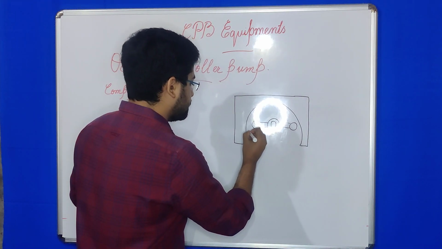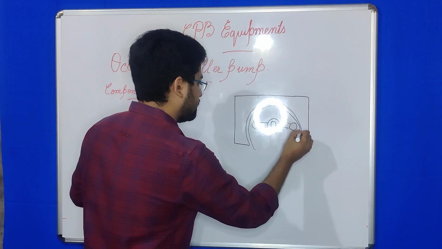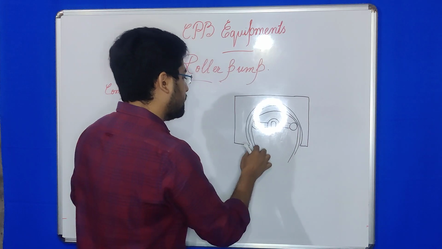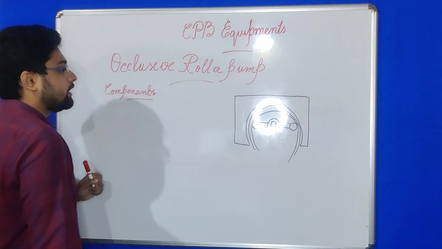From here tubings pass. This passage is called the raceway for the tubings.